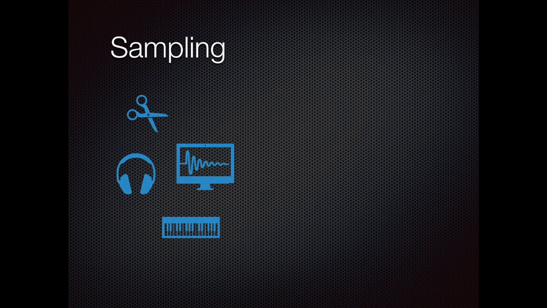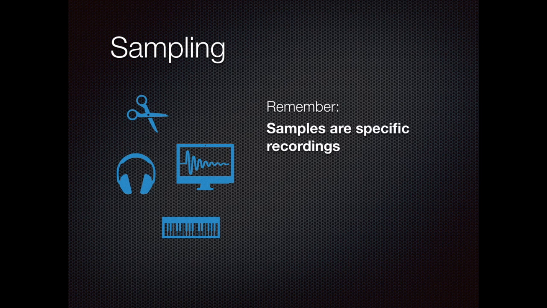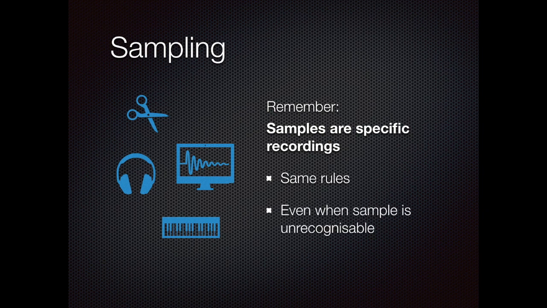So now we move on to sampling. And don't forget, samples are specific recordings. So it's the same rules as we just went through for using other people's recordings. This also goes for when the sample is totally unrecognizable, because this is a matter of principle.